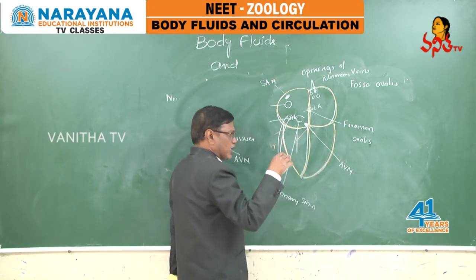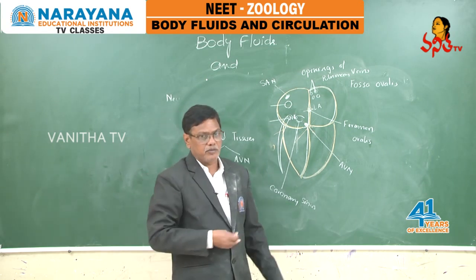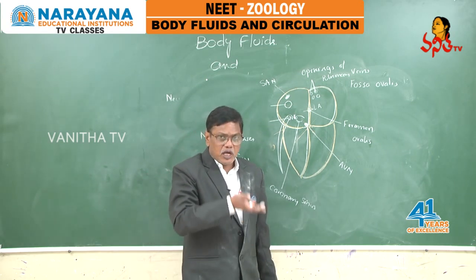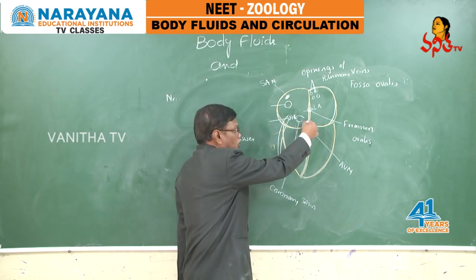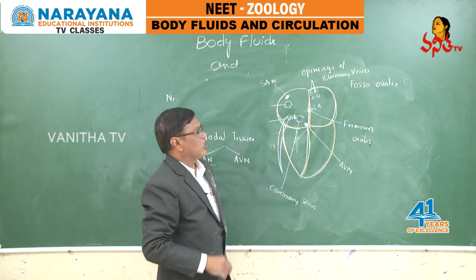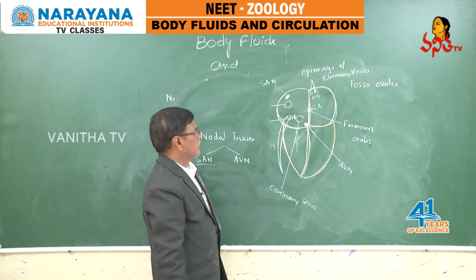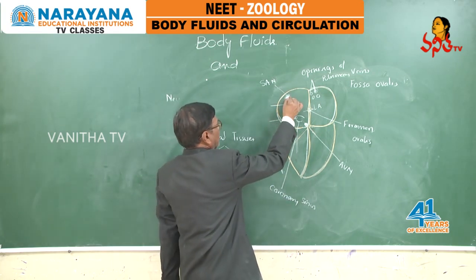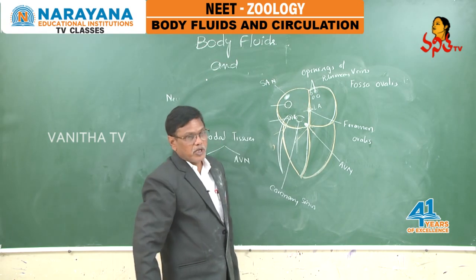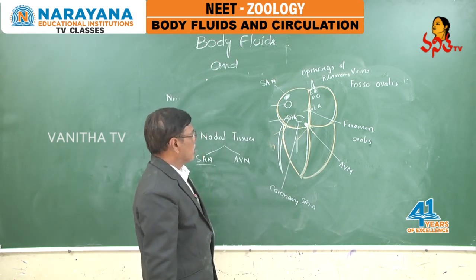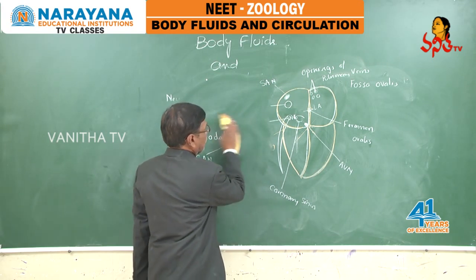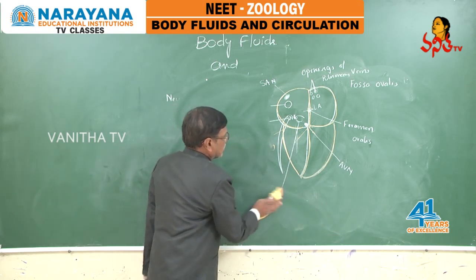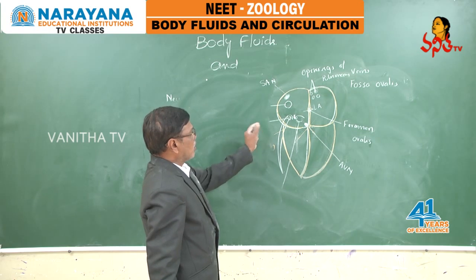It is situated in the right auricle only, in the left corner, just above the auriculoventricular septum, at the posterior part of the interatrial septum. Why are 2 pacemakers present in the human heart? That we will discuss in the functioning of the heart. These are the structures present in the right auricle.